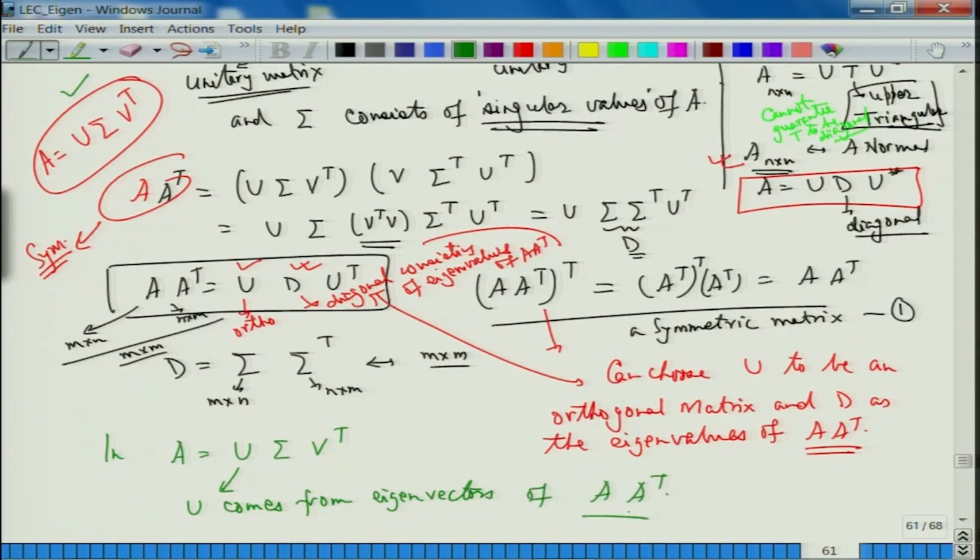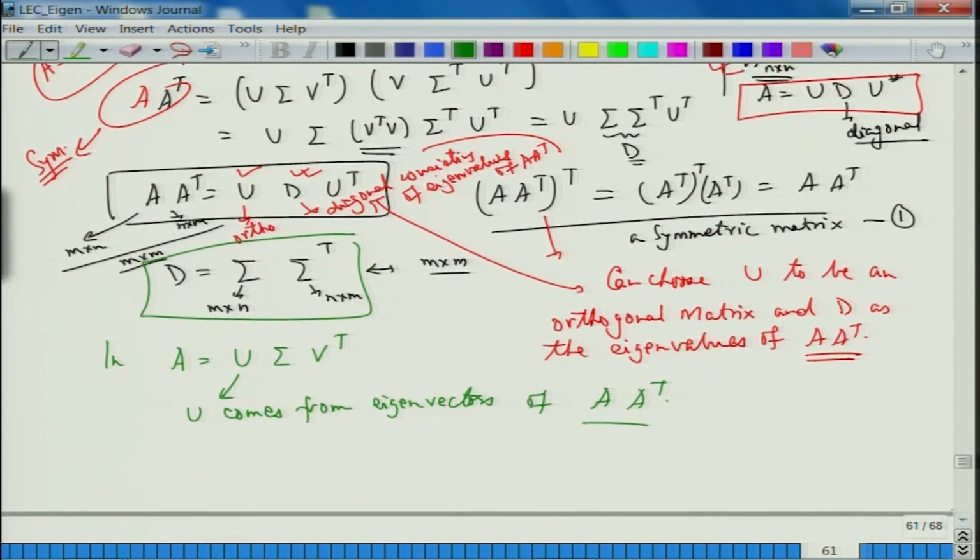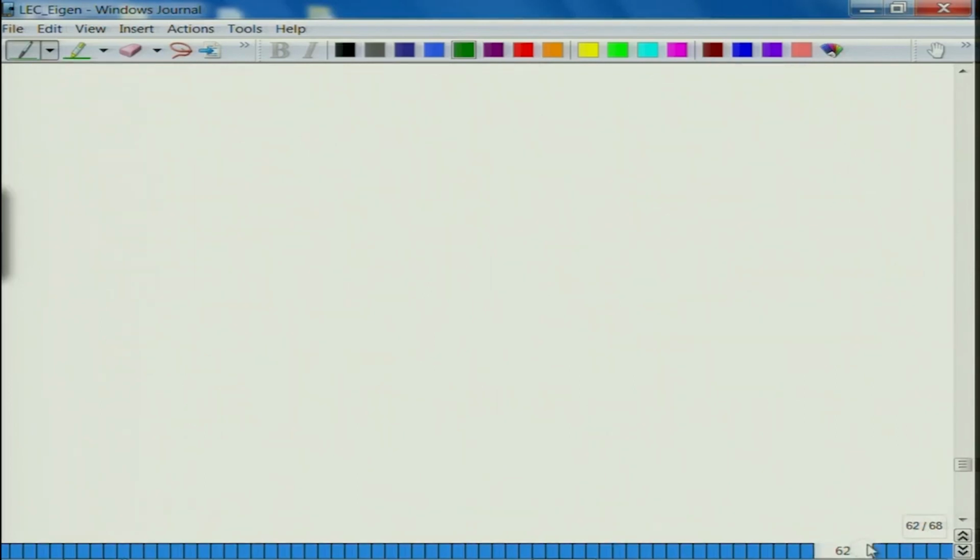Fine. Sigma also comes from this part that we have also seen. Fine. Now, let us compute from where do I get V or V transpose, whatever we want to talk of, from where do I get it. So, I want to now look at, so I wrote A as U D V transpose and we got A times A transpose. Now, let us compute A transpose A.